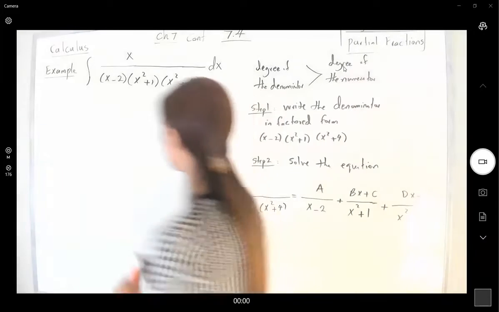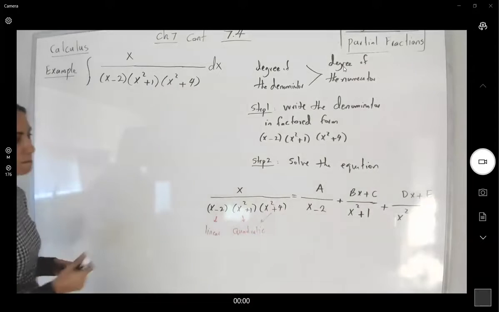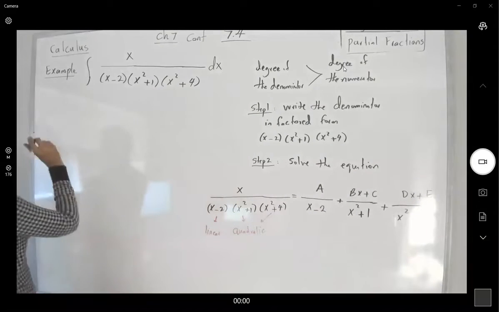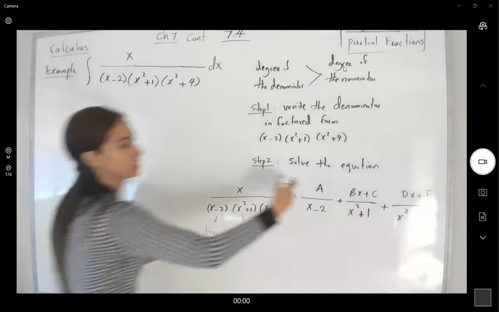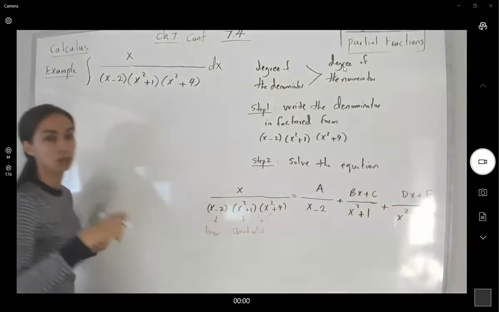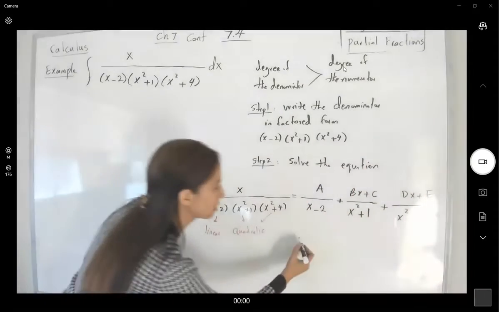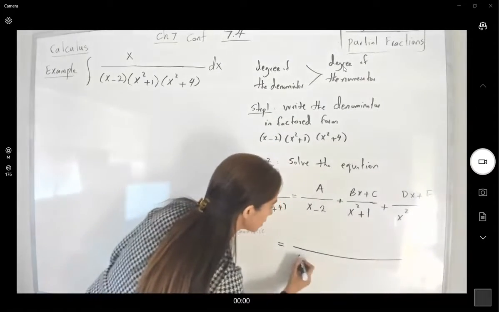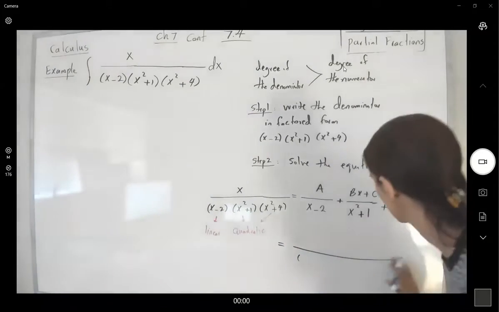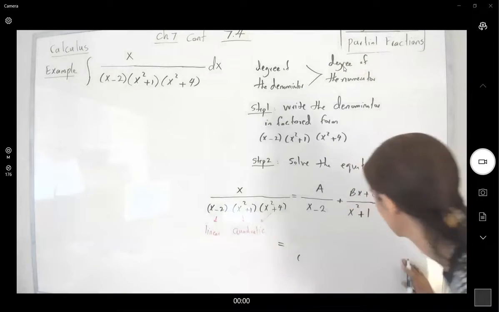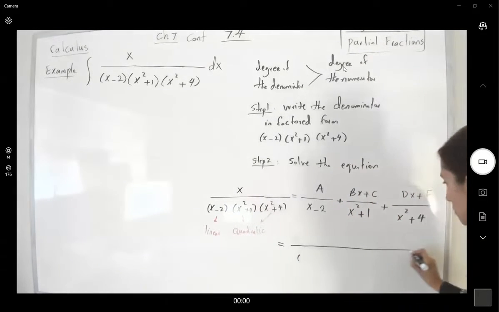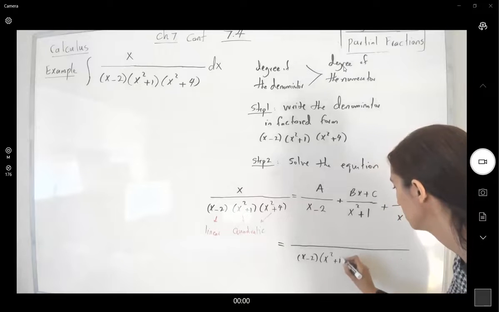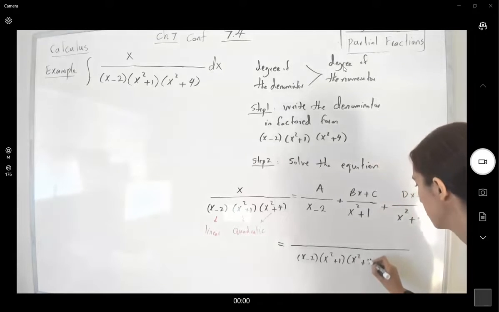Okay, let us start. On the left-hand side, we have x. On the right-hand side, we need to create this new numerator. This guy is equal to, the denominator is x minus 2, x squared plus 1, x squared plus 4.